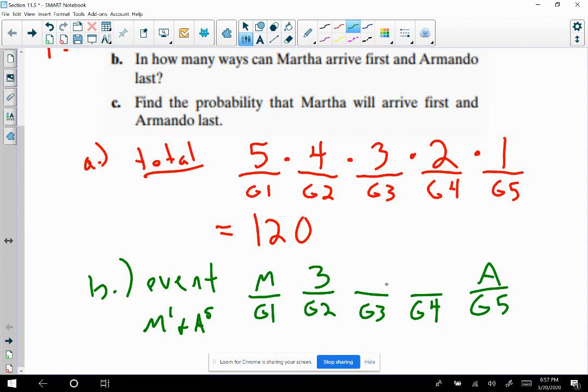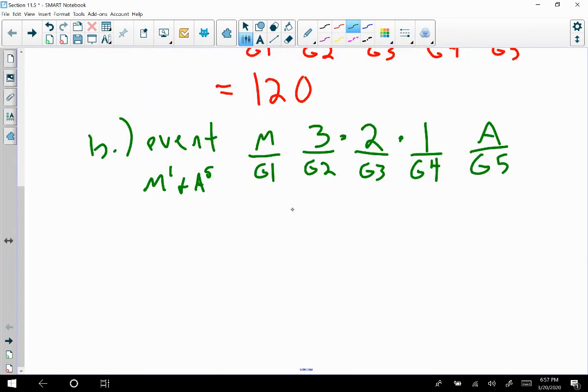How many ways can the third guest arrive? Well, once that second guest arrives, there's only 2 left. Then there's only 1 left. So right there, now you can see that we're just going to apply that fundamental counting principle. We're going to take 3 times 2 times 1. And that will give us 6.